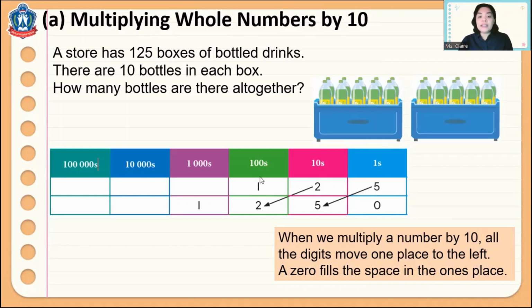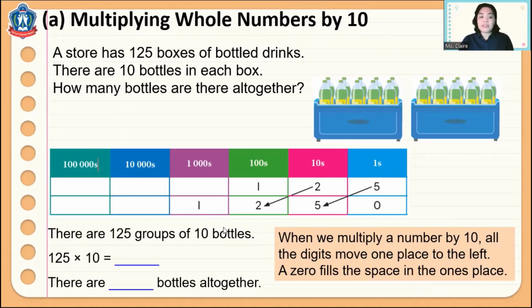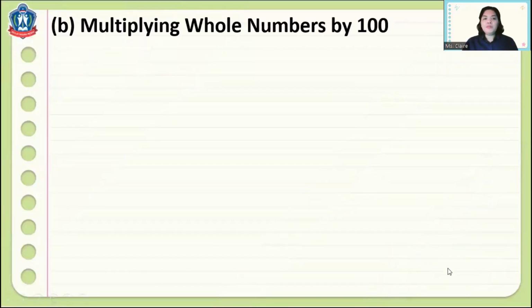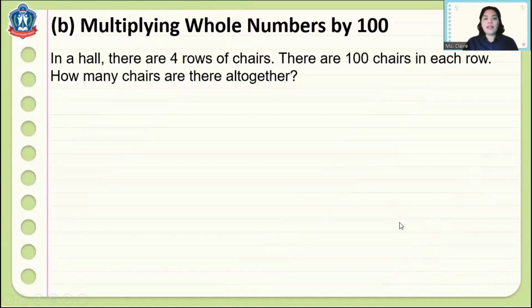Our 1 here, which is in the hundreds place, will now be placed in the thousands. Therefore, if we multiply 125 times 10, it becomes 1,250. So there are 1,250 bottles altogether.